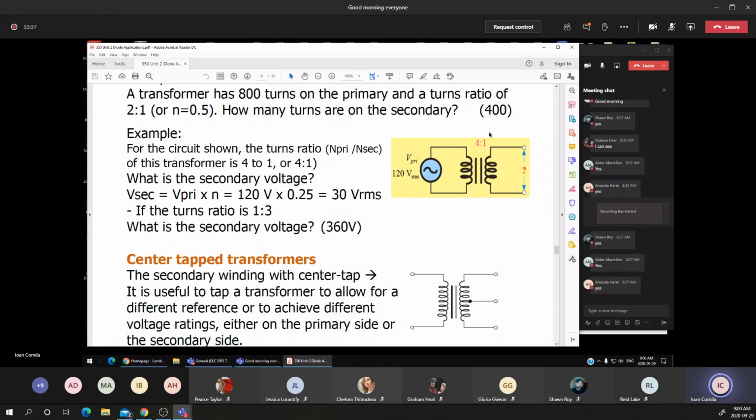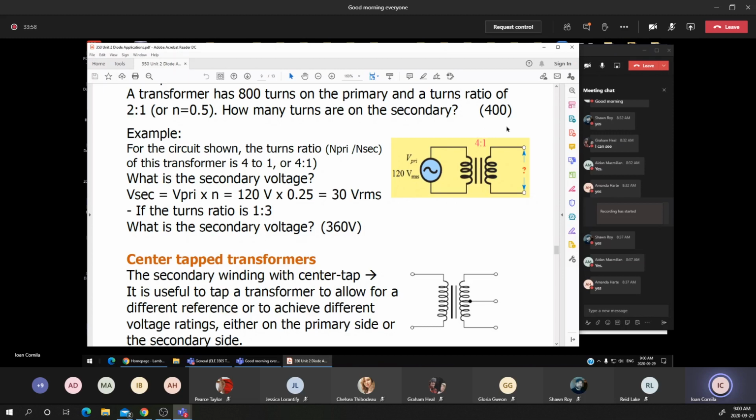Always look at this turn ratio. 4:1 means 4 turns in the primary and a single turn in the secondary, which means that's a step-down transformer. 1:4 is a step-up transformer.